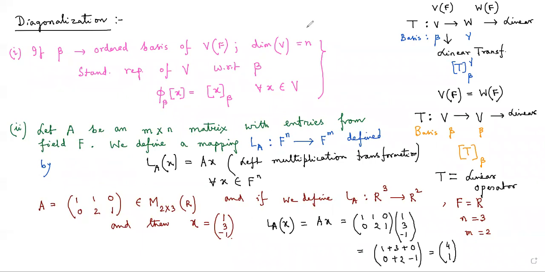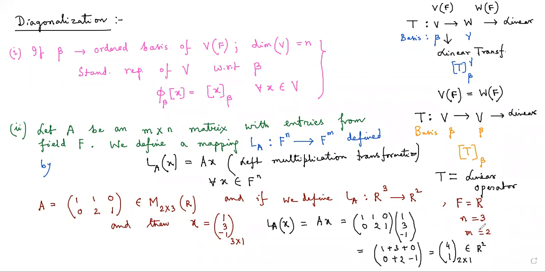Just look at this. The order of this matrix is 3 by 1, and the order of this matrix is 2 by 1. So it belongs to R3 because I have chosen it from this domain, and the outcome belongs to R2.